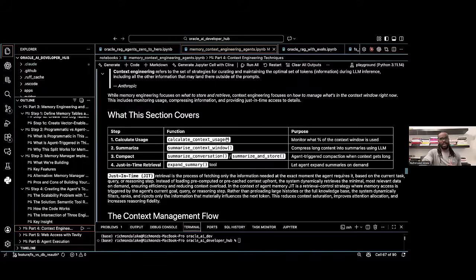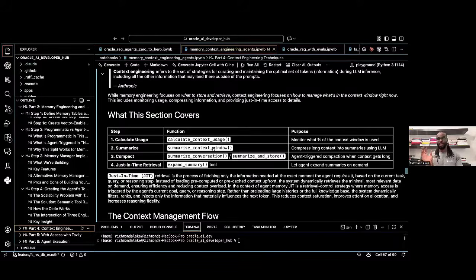Another context engineering technique, if you look at the flywheel again, was context reduction. We're going to look at context offloading as well, but context reduction can come in two forms: compaction or summarization. With summarization, you're using an LLM and you pass in uncompressed information, and you give it some instructions on how to compress it, and it gives you a compressed version that should be smaller.